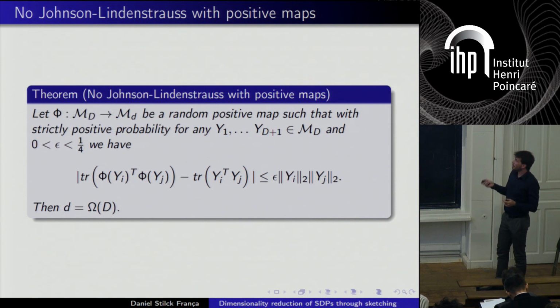So if you want to have this scaling and you have at least d plus 1 matrices, where d is the big dimension, if you want this to hold for this many matrices, then the output dimension of your positive map has to be of the same order as your original dimension.